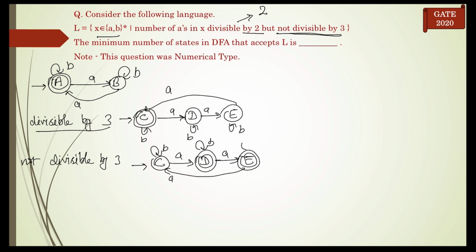So this will be our DFA. Now here you can see that both the DFAs, divisible by 3 and not divisible by 3, have 3 states. So when you take the cross product of these two DFAs, the total number of states will be 6. Now to construct a DFA which satisfies both these conditions, first we define the transitions.